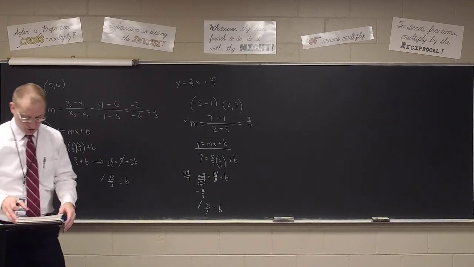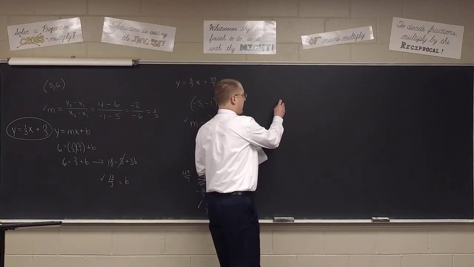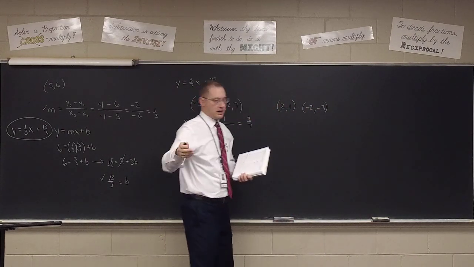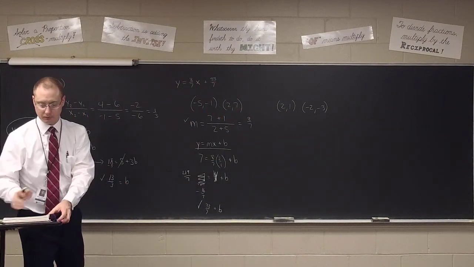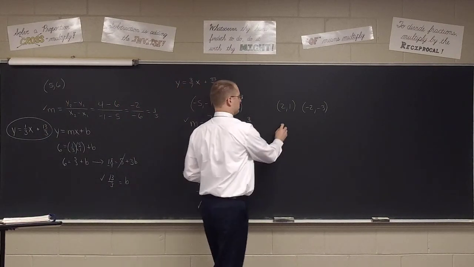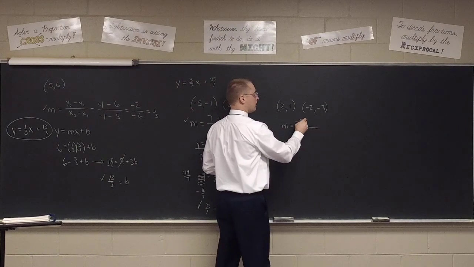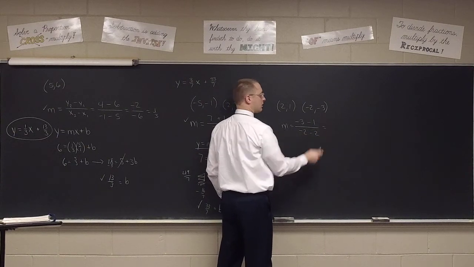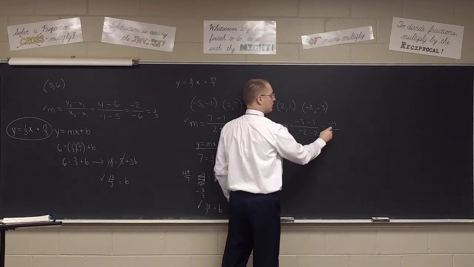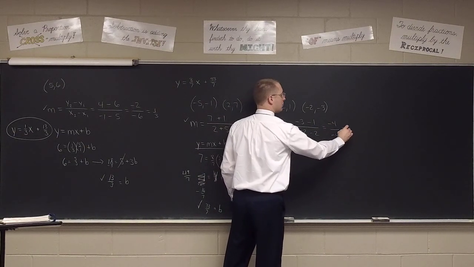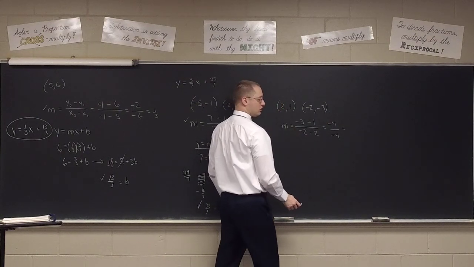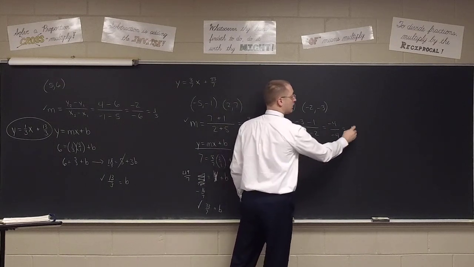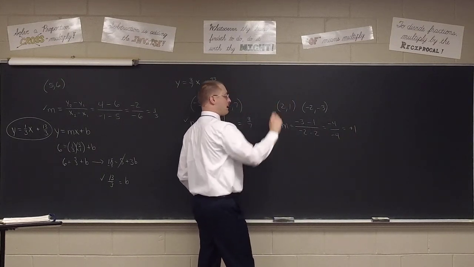How about number 11? This one worked out a little bit nicer. We had the point 2, 1, we had the point -2, -3, and Brecken, take me all the way through this one. Two negatives in a fraction? All right, there's the m. Now what?